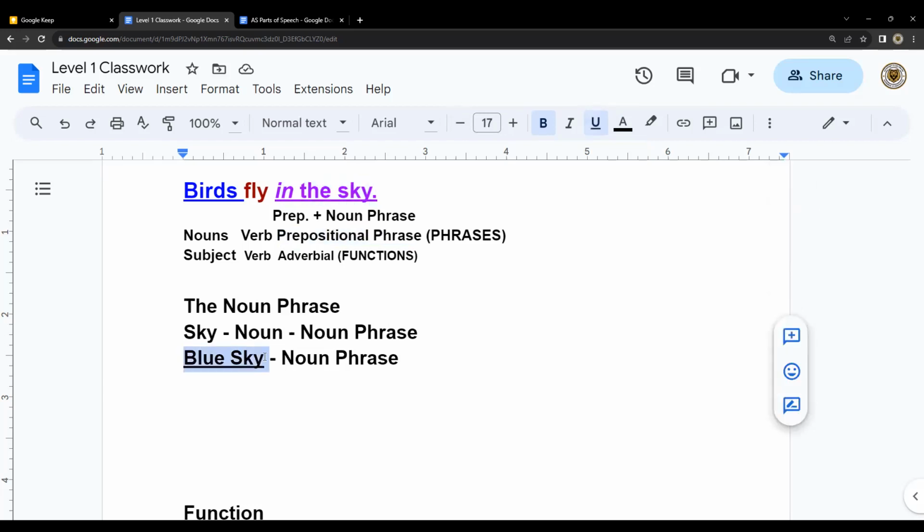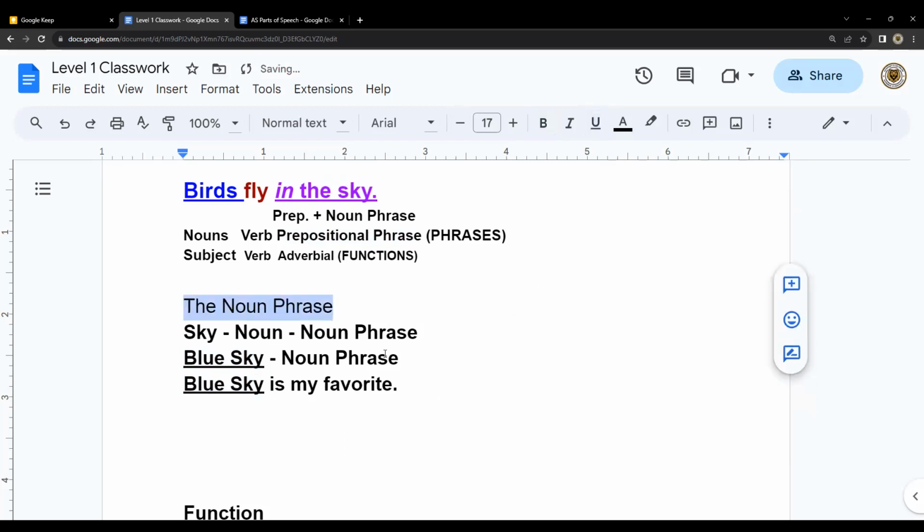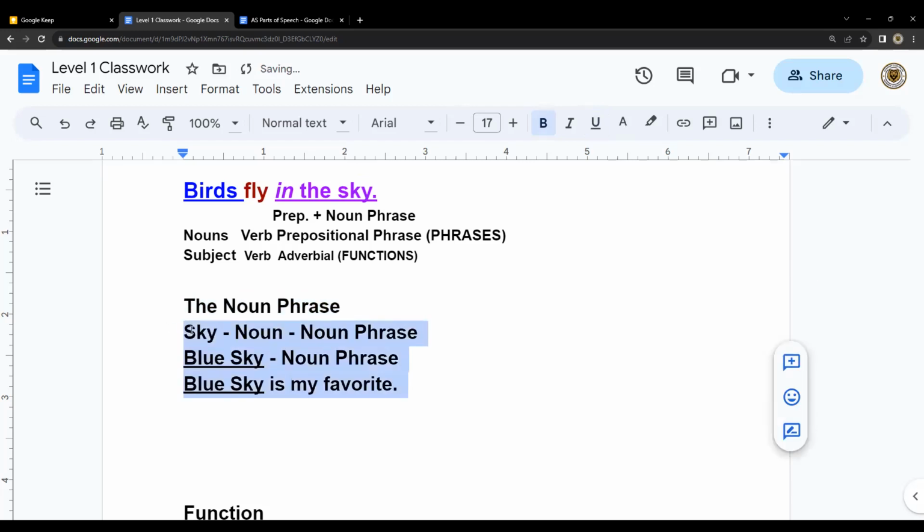Blue sky es una sola pieza. Por ejemplo, si decimos blue sky is my favorite, no van a confundirse, decir, bueno, sky es el sujeto y blue no sé qué sea. O blue es el sujeto, sky tendría que ser complemento o adjetivo. Todo esto va junto, right? Porque es parte de la frase de sustantivo, noun phrase.